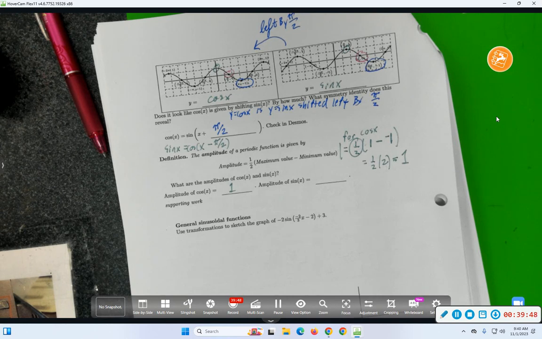One reason it makes sense that it should be 1/2 is, what if instead of asking for the maximum minus the minimum, I asked you for the difference between the maximum value and the average value cosine takes? I haven't told you what the average value should mean, but if I asked you on average what is cosine equal to, what would you tell me?